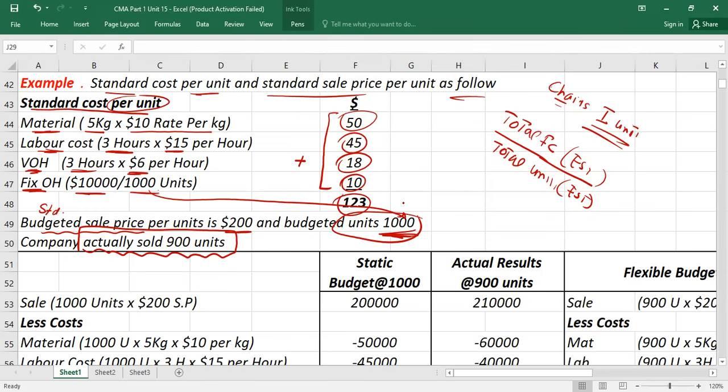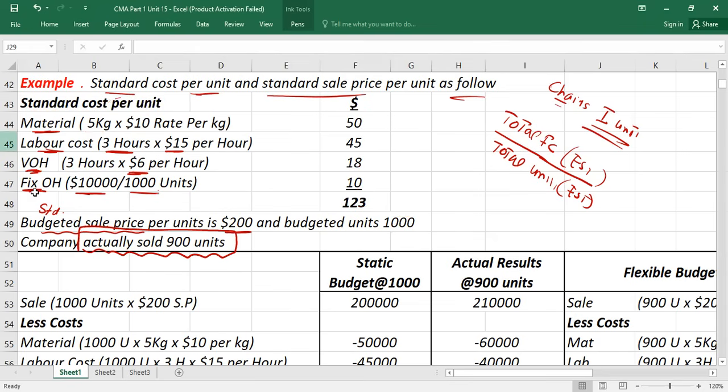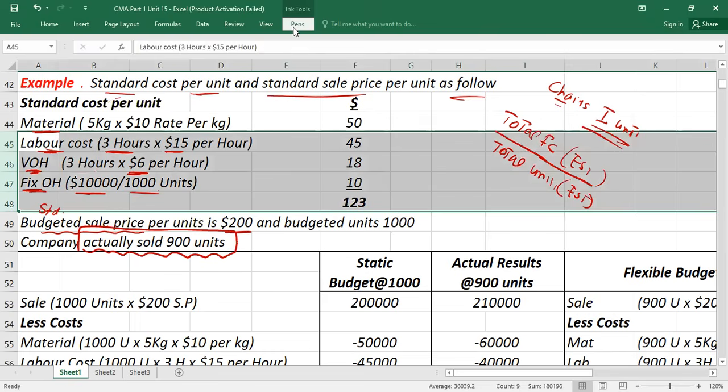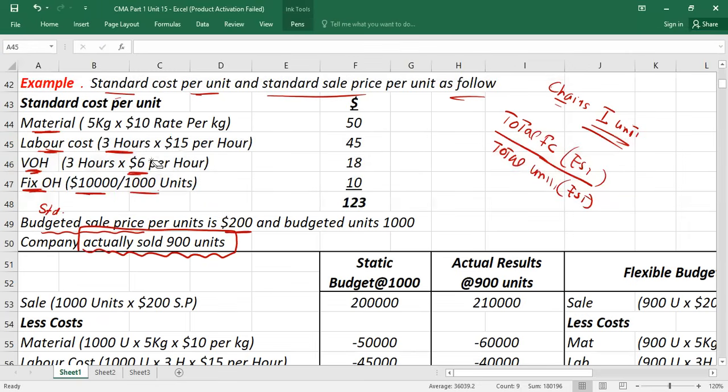Now let's assume our requirement is to produce a static budget, a flexible budget, and actual results. So here we go. For the static budget, first I'm going to explain. How will you produce a static budget? Don't forget the formula.